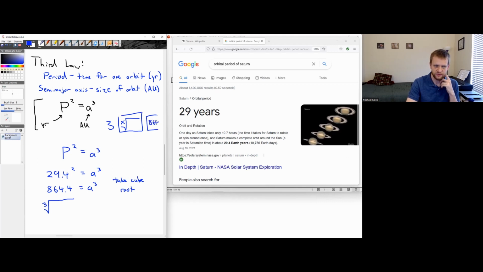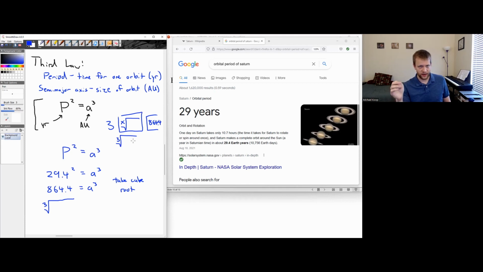So let's say 864.4 would be the value that you'd input. Or just press, if you have a button that looks like this, that button, and that will let you put the cube root in. Again, different calculators have different setups, so you have to enter the numbers in slightly different ways. But make sure you're comfortable with using that cube root button.